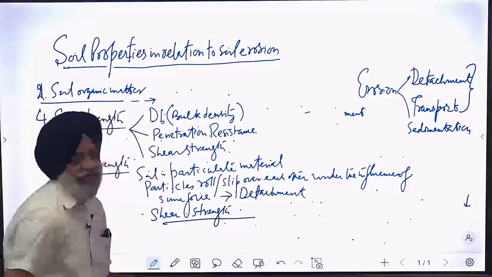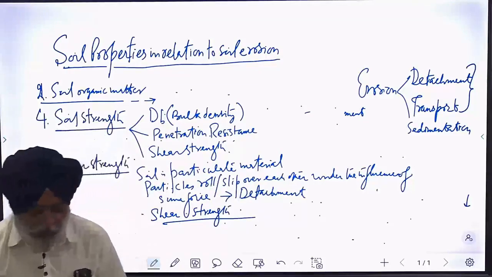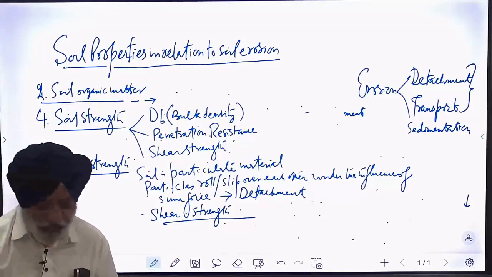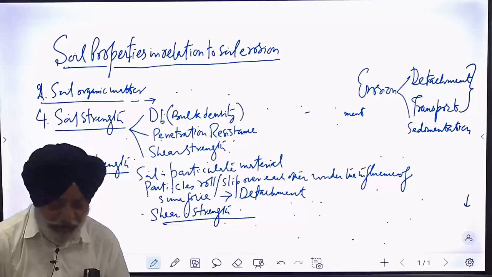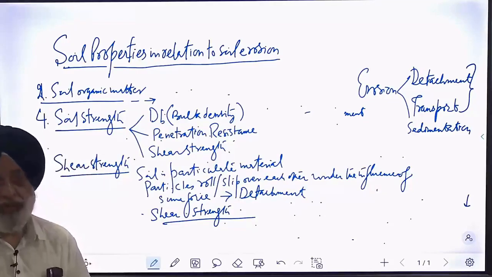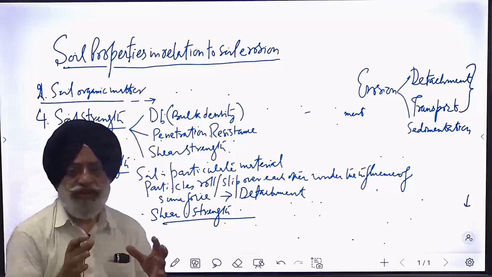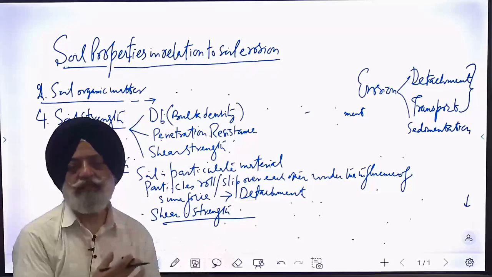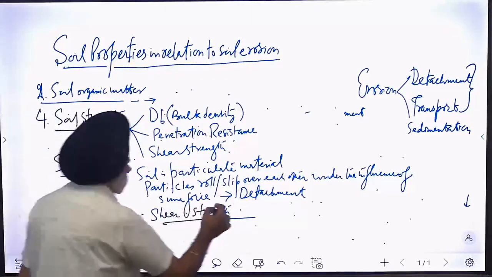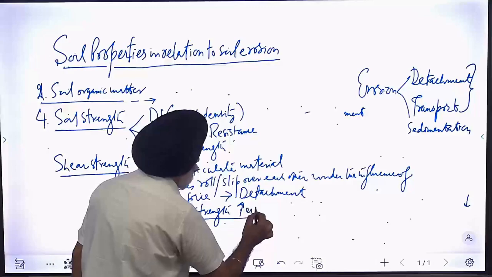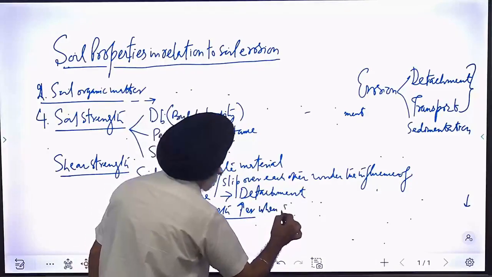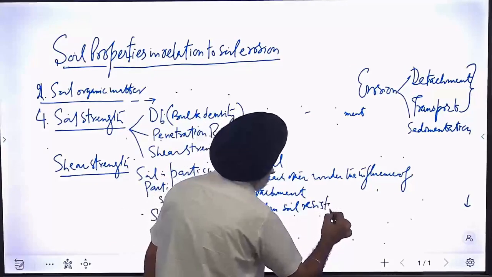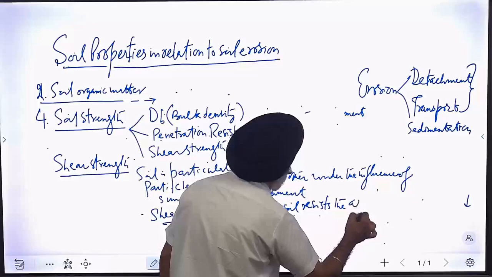And again, this shear strength is a function of the type and size of the particles present in it. A soil which resists the shearing force will have higher shear strength. So, shear strength will be higher when soil resists the applied force.